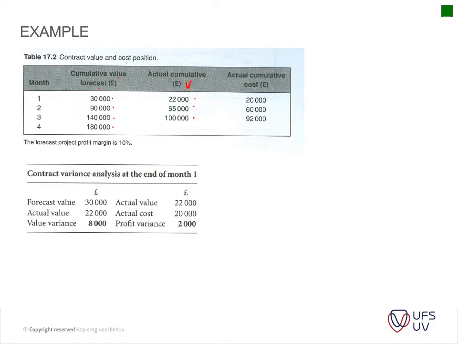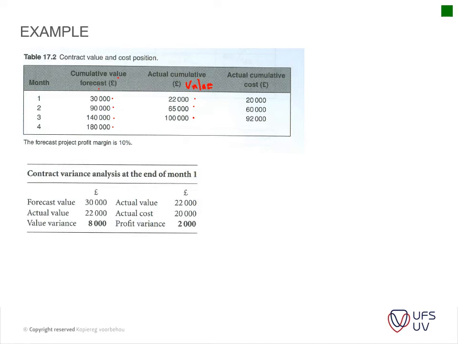Just note this is value. Sorry guys, this is value. Pardon my writing, but this doesn't really allow for writing. So this is the actual value, and then they have the cumulative costs.